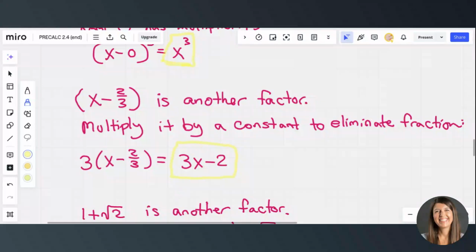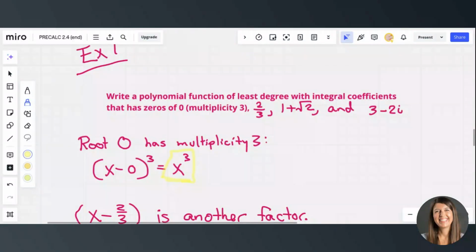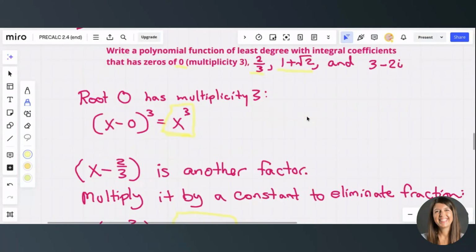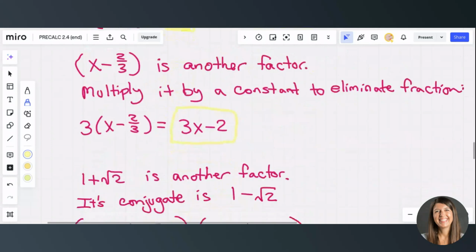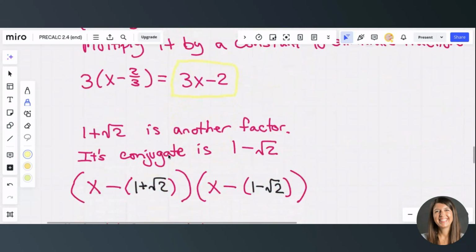Okay. What did the problem say? Let's go back to the problem. All right, we took care of 0. We took care of 2/3. The next one is 1 plus square root of 2. So let's look at this. 1 plus the square root of 2 is another factor. It told us that. So then we know its conjugate is 1 minus square root of 2, and that's also going to be another root.